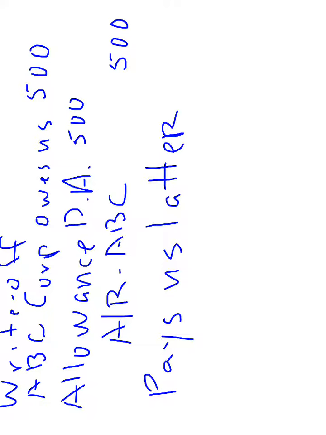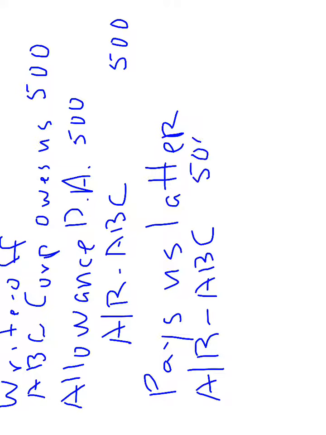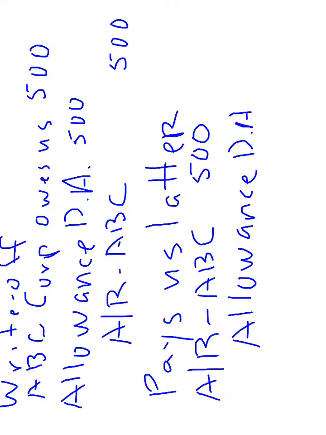When we reverse that entry, we have to put it back into the accounts receivable account, and we also have to take it back out of the allowance for doubtful accounts for that $500.